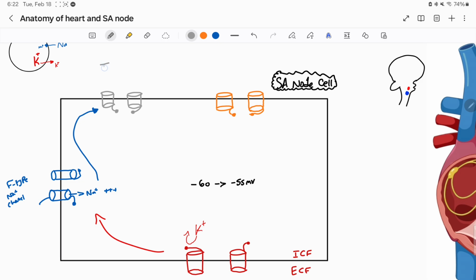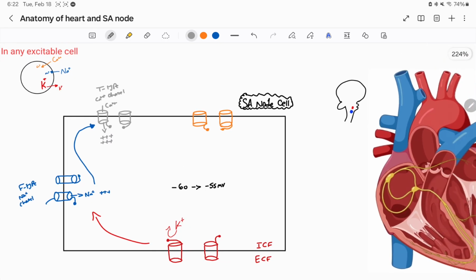It's called a T-type voltage-gated calcium channel, and it lets in the ion called calcium. So here's calcium coming in, and boom, it makes the cell very, very positive. Look at that. Initially it was these 3 plus signs. Now we have these 6 positive signs. So it makes the cell very positive.